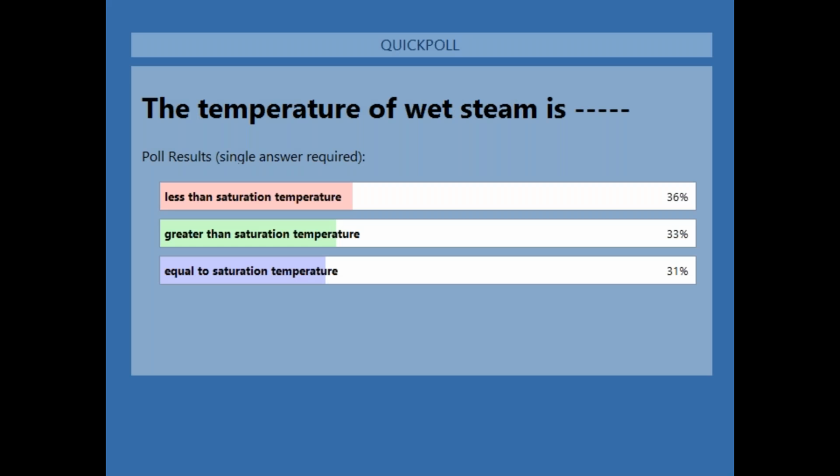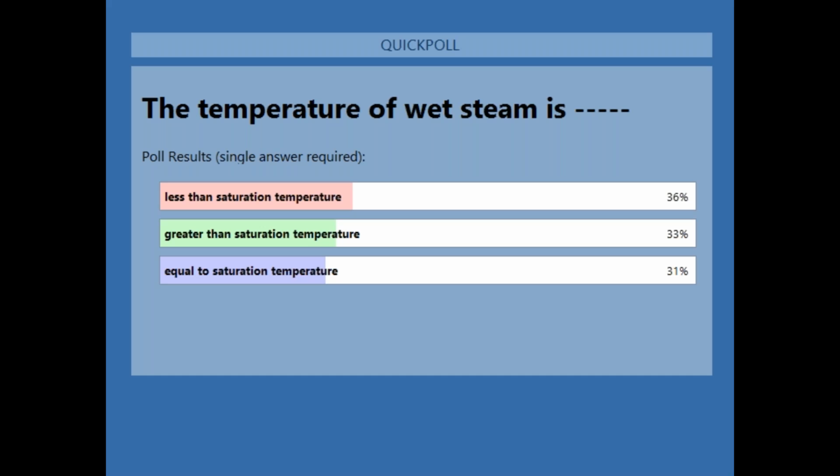And let me show you this result. So as you see on the board, the correct answer is that the temperature of the wet steam is equal to saturation temperature. Students who have answered it as less than saturation temperature or greater than saturation temperature, they are wrong.